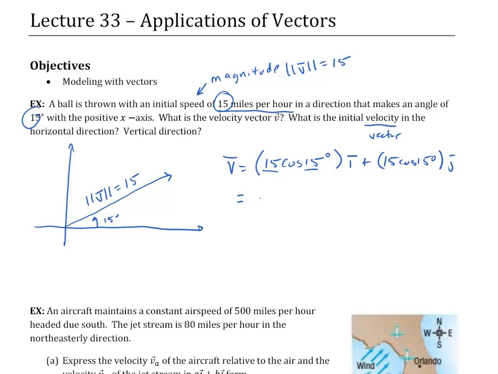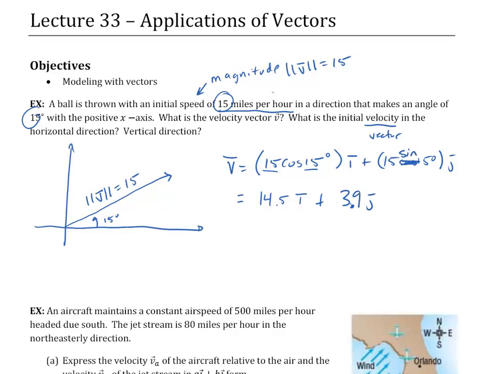And when we're representing physical real-world phenomena, we're going to go ahead and approximate the solution using our calculator. Make sure your calculator is in degree mode. 15 times cosine of 15 degrees is 14.5. So that's the x component, plus, and this should read sine here, 15 times sine of 15 degrees is approximately 3.9j.